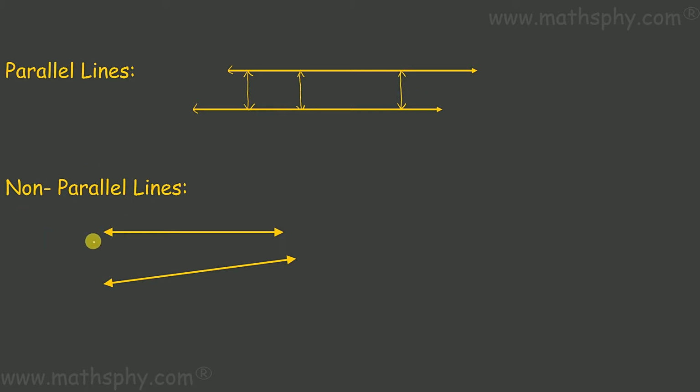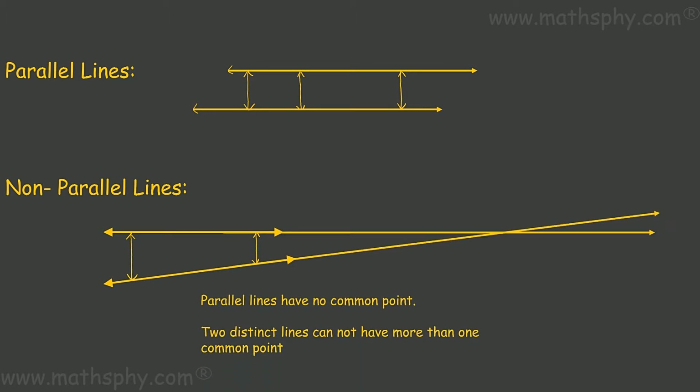Look into these two lines. They are non-parallel lines. See, distance here and distance here, that's not same. So if you extend these two lines into this direction, like this, you see, they intersect at this point. So they are non-parallel lines. You see here, parallel lines have no common point.